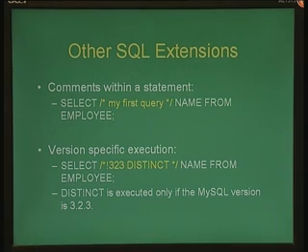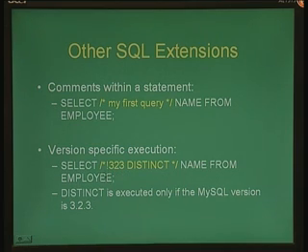Similarly, you can perform some kind of macro operations or pre-processing operations, from which you can bring about selective execution of an SQL query depending on which version of MySQL server this query is being executed on. For example, look at this statement here. It says select, and within comments it says exclamation mark or bang 323 distinct name from employee.